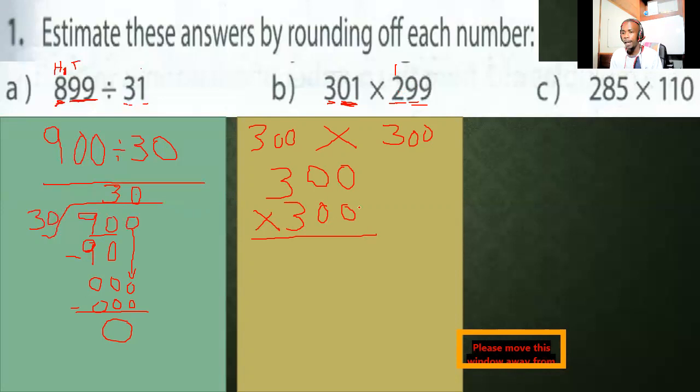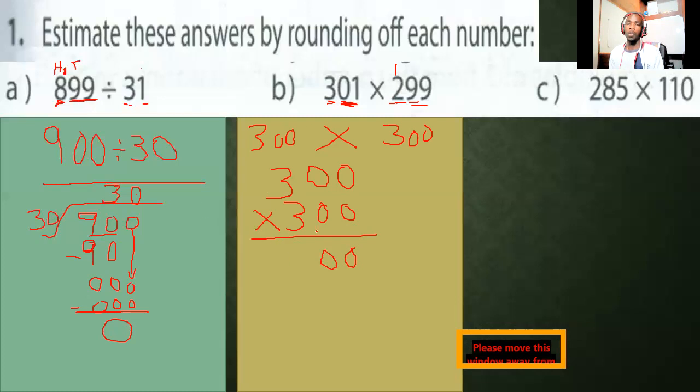Right, this number we are multiplying with, it's just a perfect 300, a perfect multiple of 100. So here, if we multiply by these zeros, we'll still get zeros. So we don't want to waste our time doing that. Because this one is 300, we put 2 zeros, which are placeholders, because we are multiplying by a number which has a place value of 100.